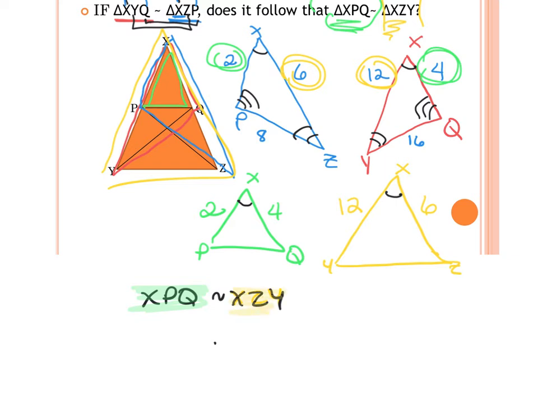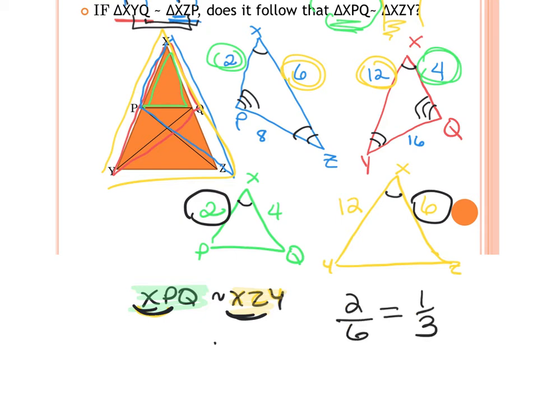So the first two sides here, XP is the 2, and I'm going to match it with XZ, which is the 6. Simplifies 1 to 3. Then I'm also going to grab XQ, first to last, with the first to last here.